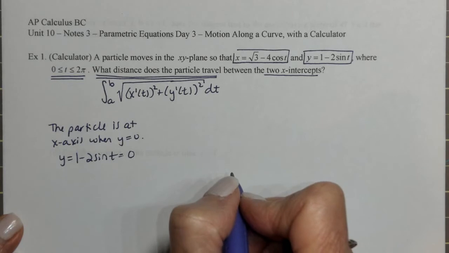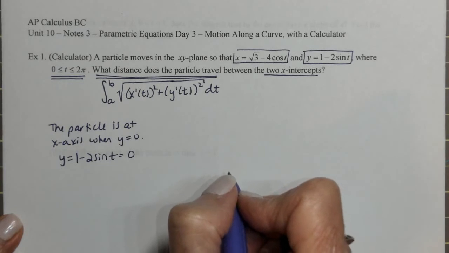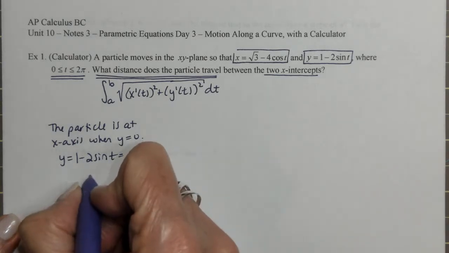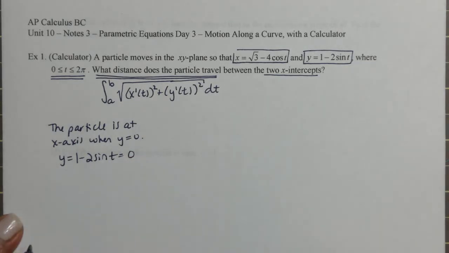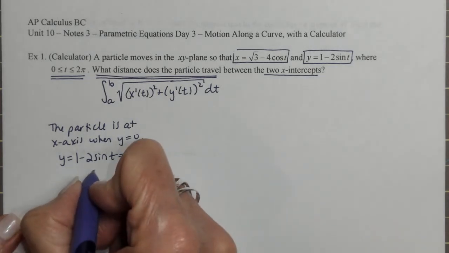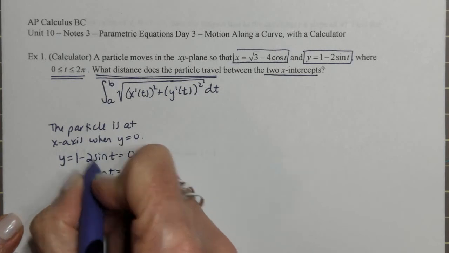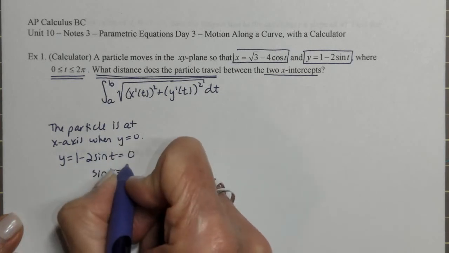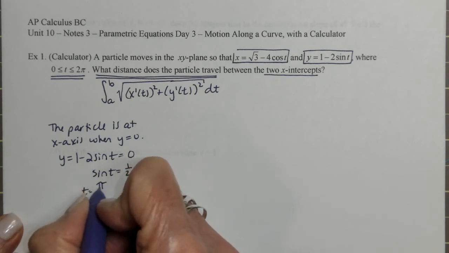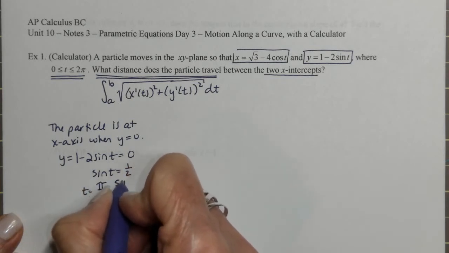And we could do this on the calculator, but it looks awfully easy to use our unit circle values. I'm thinking that you'd probably use your calculator for this, but I'm going to do it both ways. Here I would get sine t is equal to positive 1/2, so t has to be either pi over 6 or 5 pi over 6.